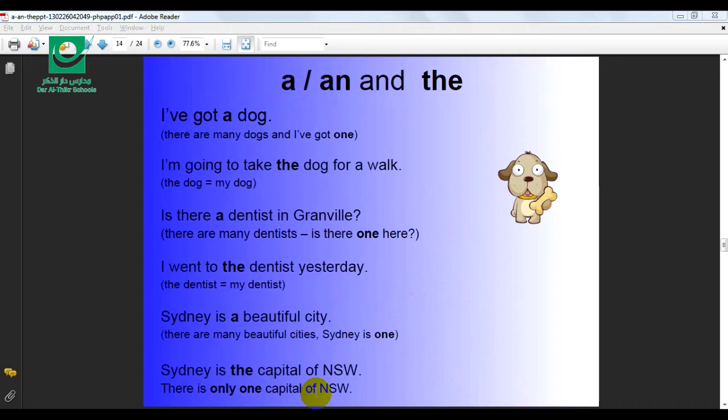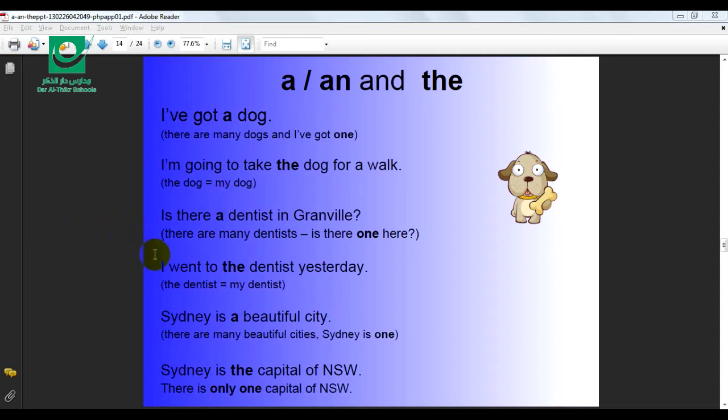Here are some additional examples for using a or an and the. For example, in number 1, I have got a dog. There are many dogs and I have got one. But in the second sentence, I am going to take the dog for a walk, you are talking about a certain dog, which is your dog.